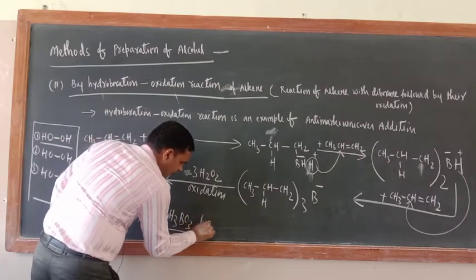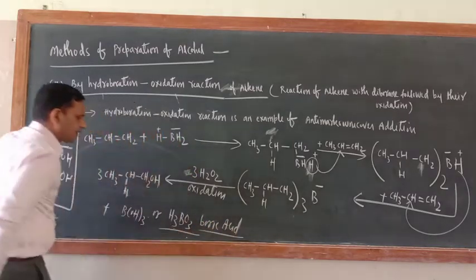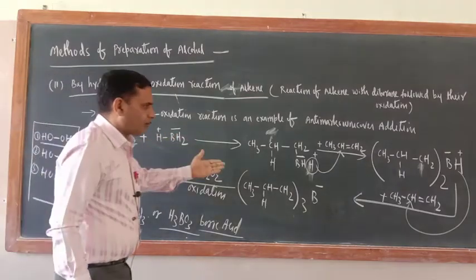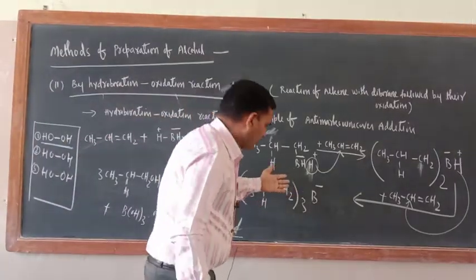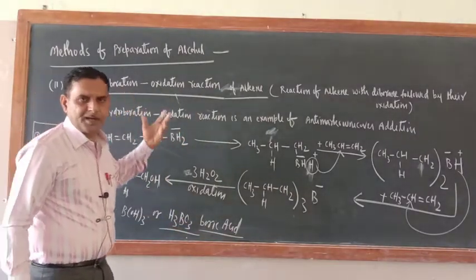What is this one? Boric acid, correct or not? I am hoping that you have got this one. So boric acid is there, and there is some merit of this method.